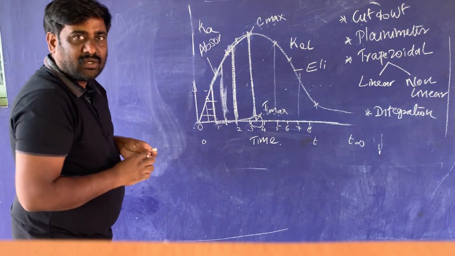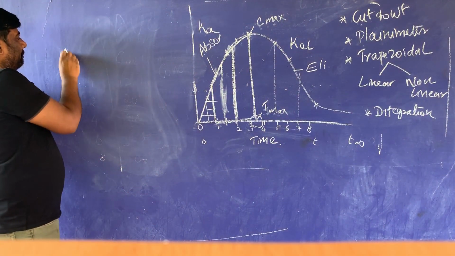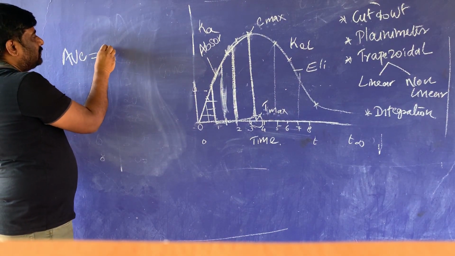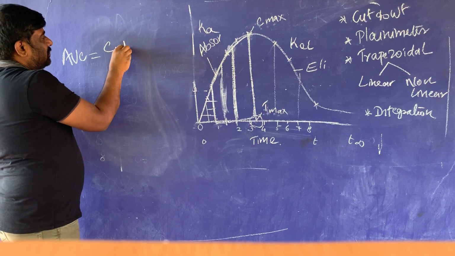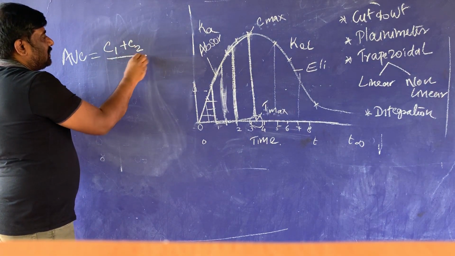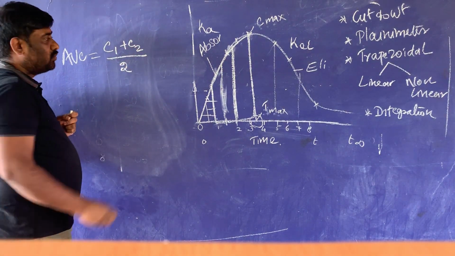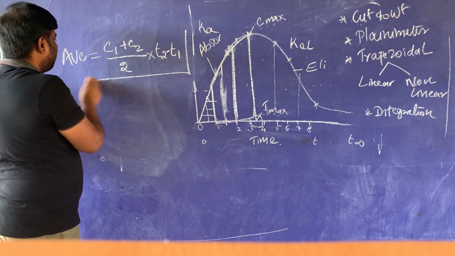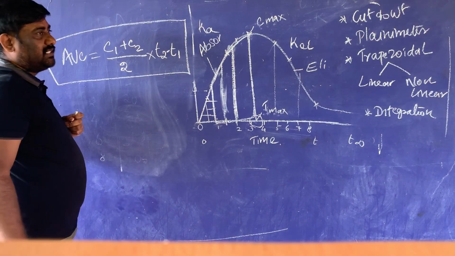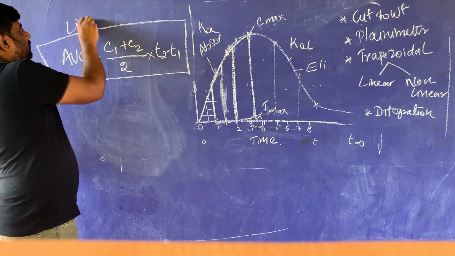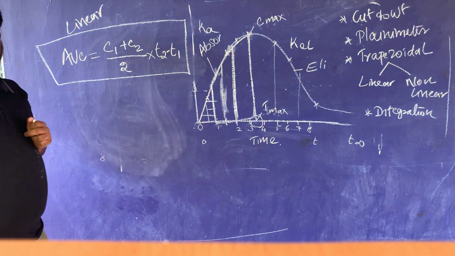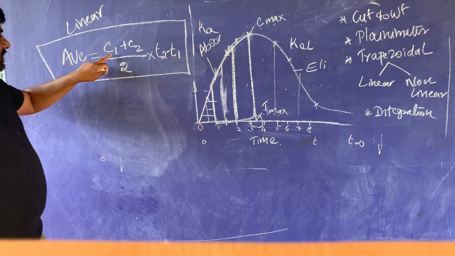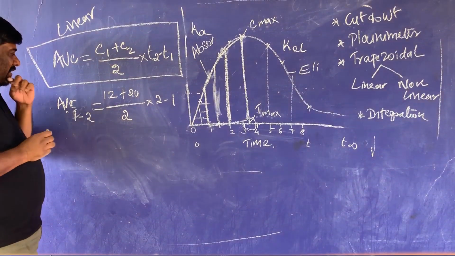So how the trapezoidal rule works and what formula is used? So the trapezoidal rule is nothing but AUC is equal to (C1 plus C2) divided by 2 into (T2 minus T1). So this is the linear trapezoidal rule. So we know the concentration C1 for first, okay.